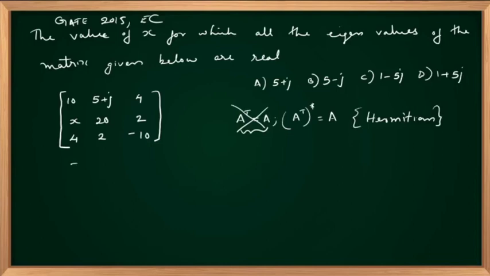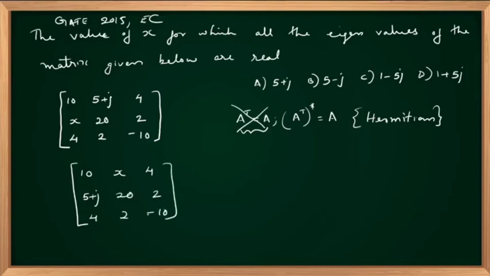How do you take the transpose of this particular matrix? The first row is 10, x, 4, then 5 plus j, 20, 2, then 4, 2, minus 10.